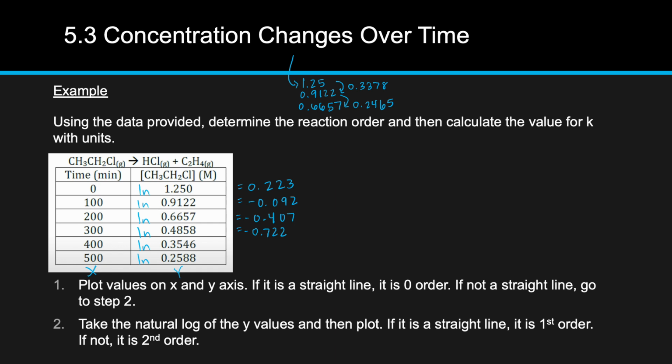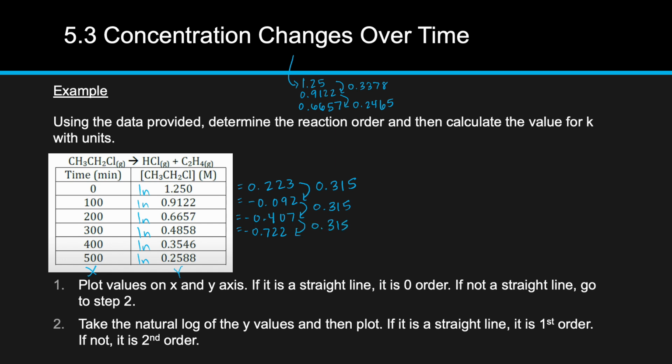When we go from 0 minutes to 100 minutes, the change is going to be 0.315. Then when we go from 100 minutes to 200 minutes, again, it's 0.315. And then when we go from 200 to 300 minutes, again, it's 0.315.